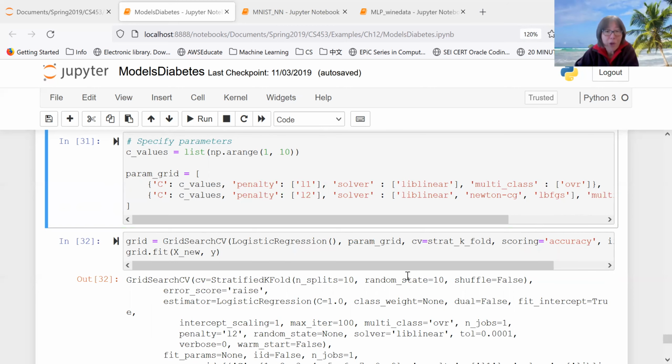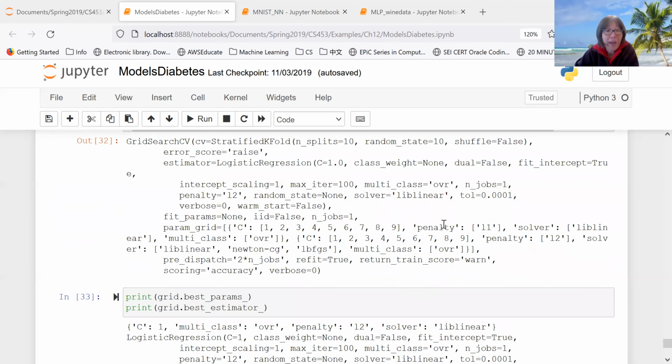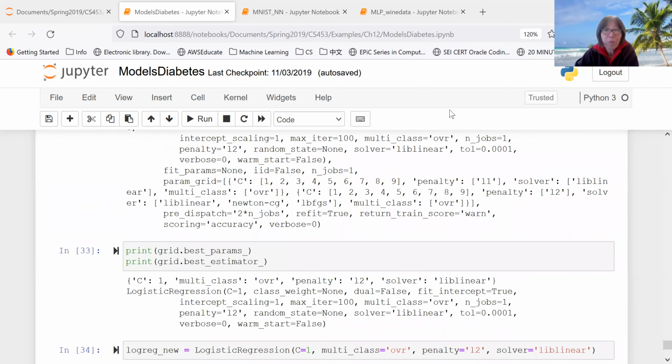After we train the model, it will give you the best parameters and the best estimator. For the regularization value, 1 is the best, and it also uses L2, and the solver picked the linear one.